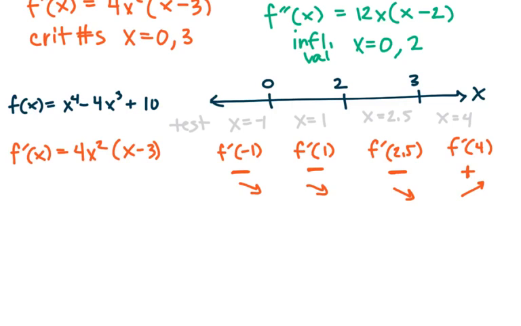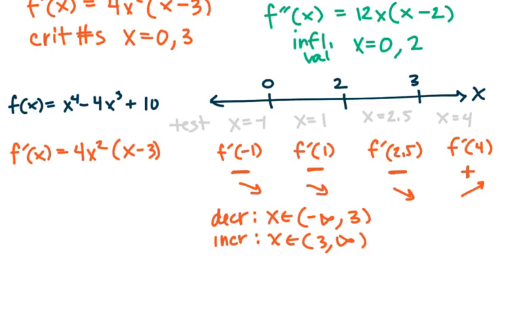So what we can say is the graph is decreasing when x is from -infinity until we reach 3, and it's increasing from 3 to +infinity. So we're going to use that part of that information.